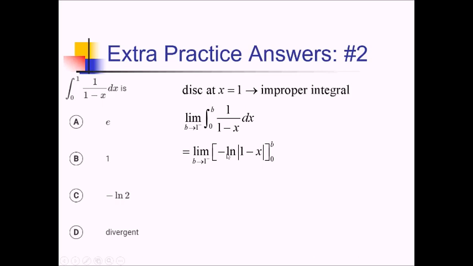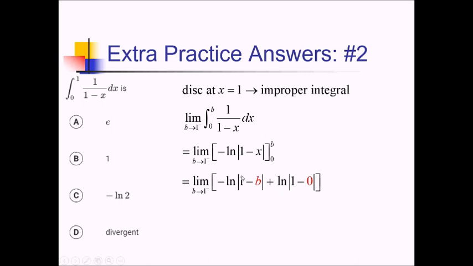Still have the limit as b approaches 1 from the left, still going from 0 to b. Plugging stuff in now, we've got negative ln of 1 minus b, and minus minus, so plus ln of the absolute value of 1 minus 0. Well, this ln of 1 minus 0 is just going to be 0, so that's fine.